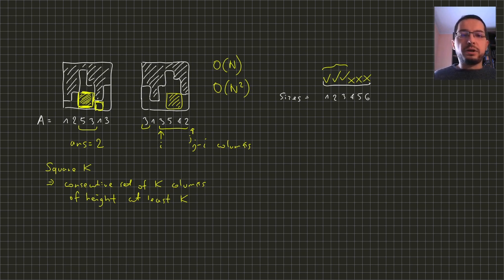And this is not a coincidence. Why? Well, because if we know that some square of size, let's say of size 3, can be fit into the histogram, then we know that all the squares which are smaller can be also fit. And vice versa. If we know that some square, let's say square of size 4, cannot be fit into the histogram, then all the bigger squares cannot also be fit.